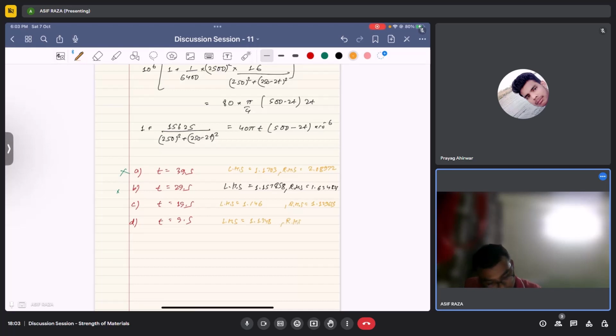RHS: 40 into pi into 9.5 into 500 minus 2 into 9.5. This comes around 0.574. So the more probable answer should be option C.